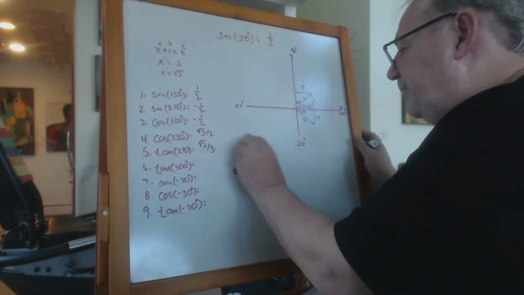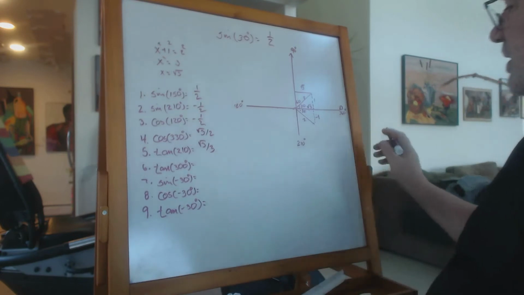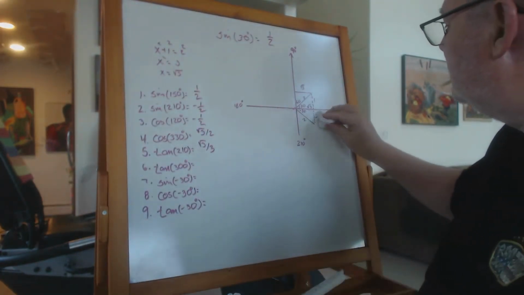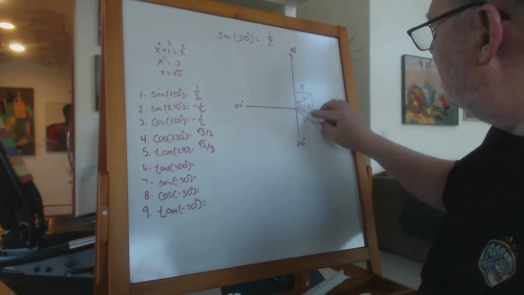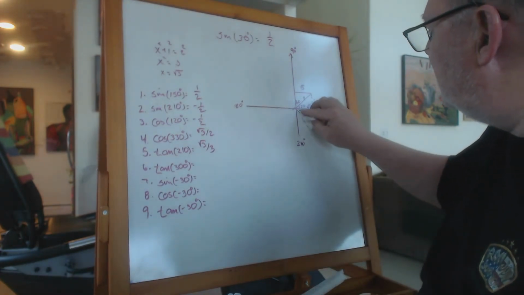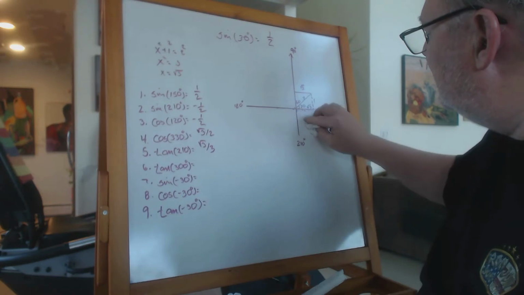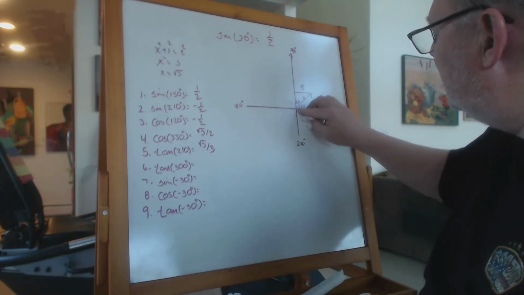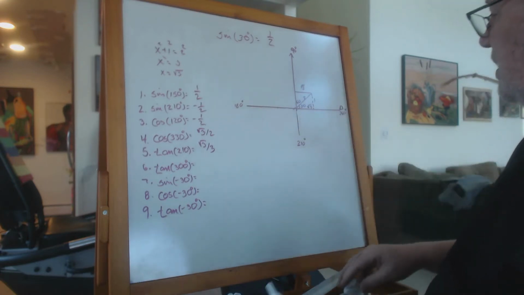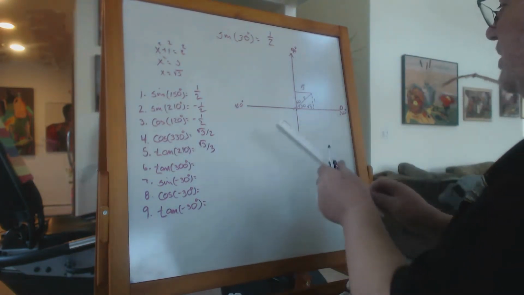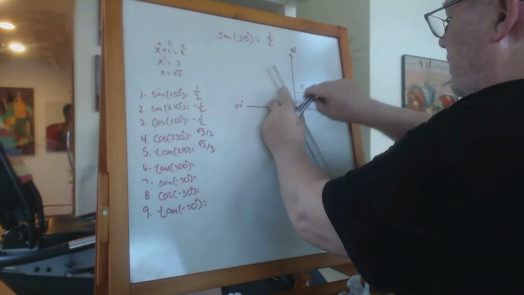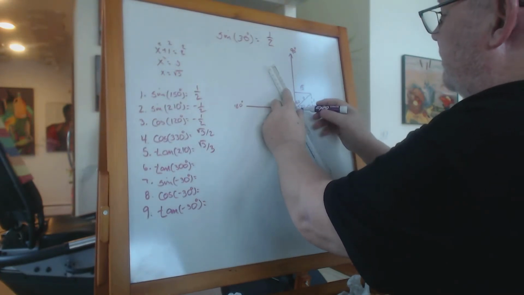So we're in this quadrant. And we want the tangent. So let's try and, okay, so we've got, it's basically minus 60.